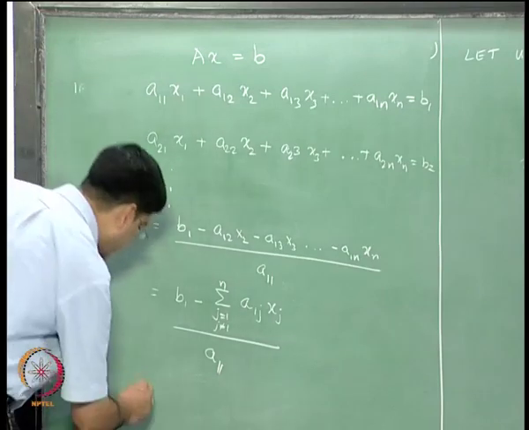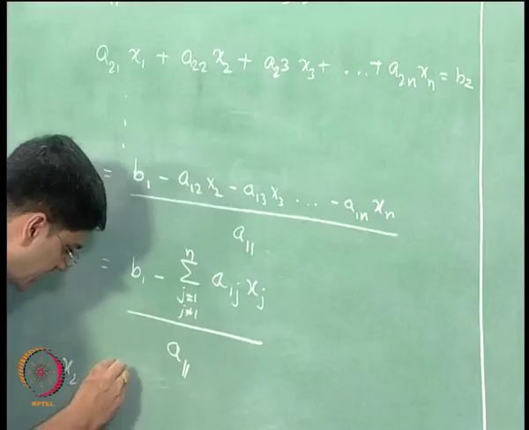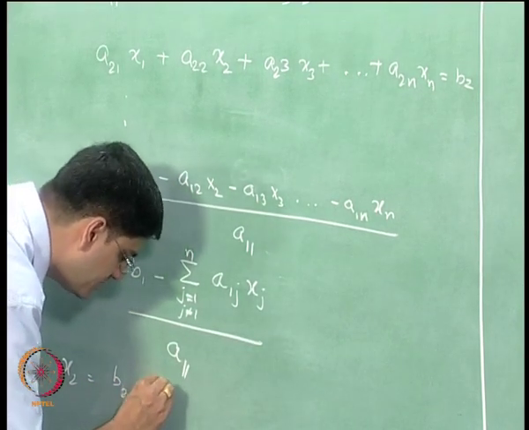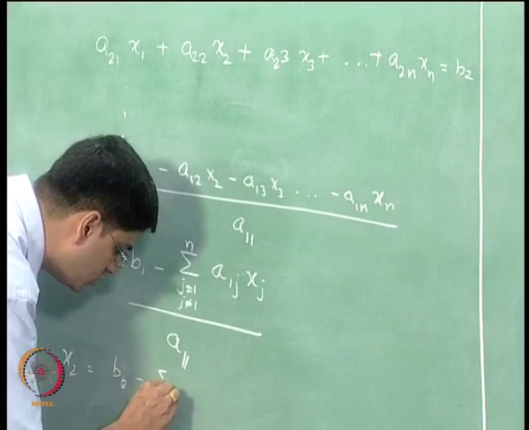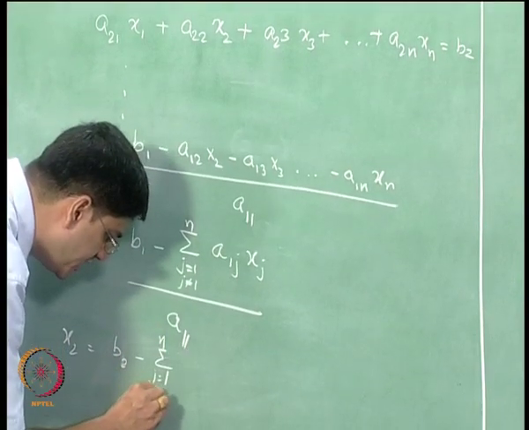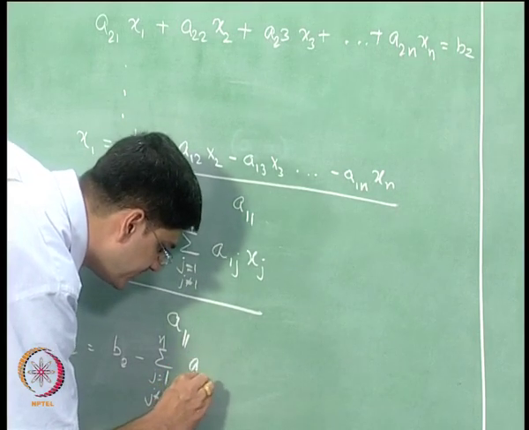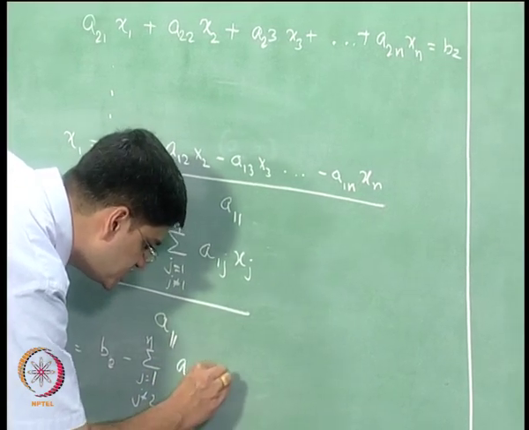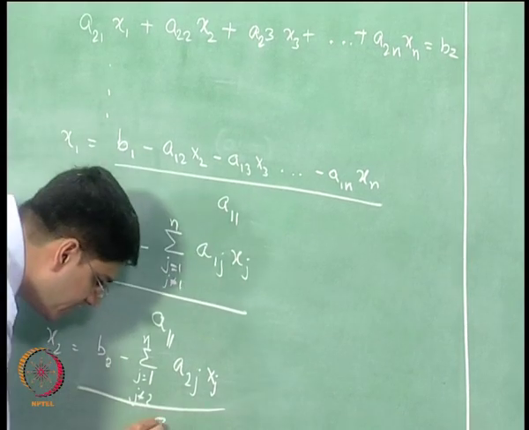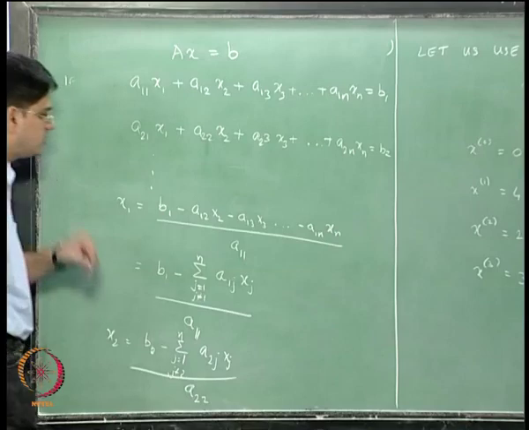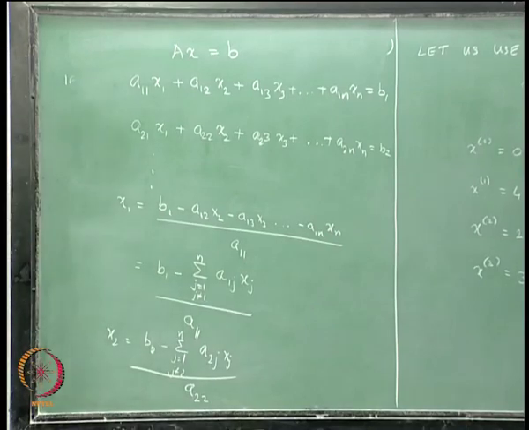Likewise we can write our x2 as b2 minus summation j equal to 1 to n, j not equal to 2, a2j xj, whole divided by a22, and so on. We will be able to write this for each of the xi's.